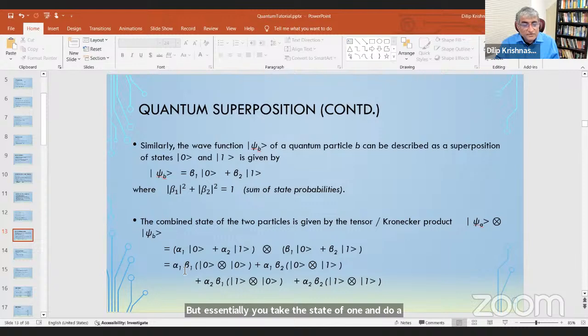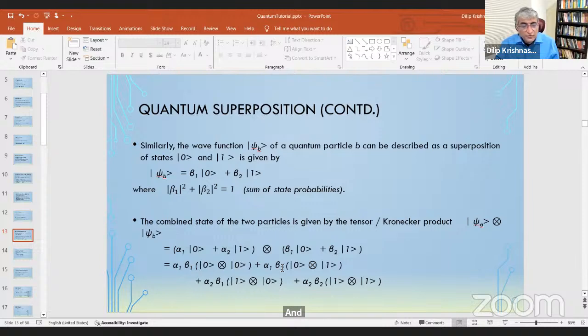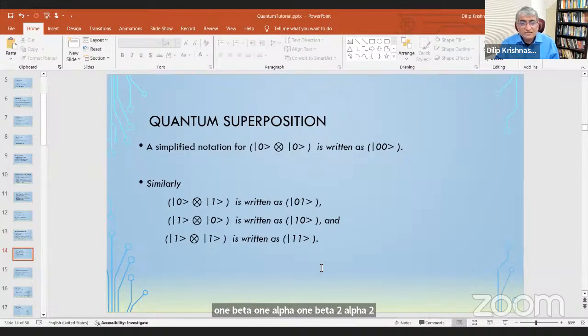And when you do that expansion, essentially you are doing tensor products across these basis vectors, having 4 possible values here for amplitudes: alpha 1 beta 1, alpha 1 beta 2, alpha 2 beta 1, and alpha 2 beta 2. And in a simplified notation, ket 0 tensor product ket 0 is written as just ket 0, 0.